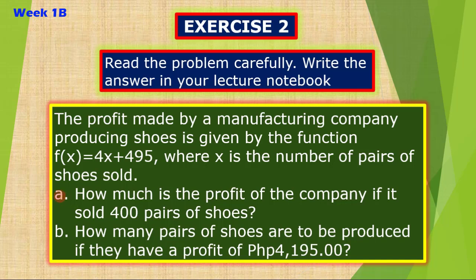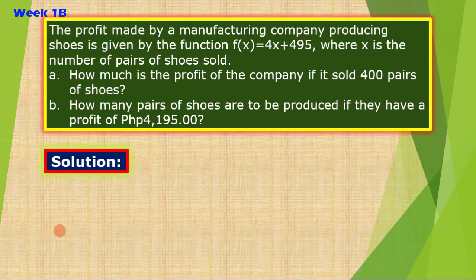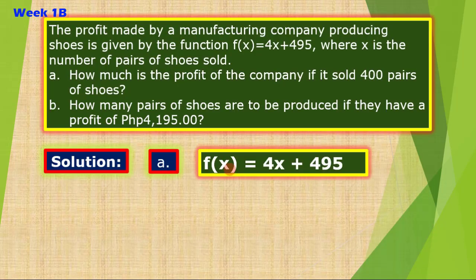Letter A. How much is the profit of the company if it sold 400 pairs of shoes? And for letter B, how many pairs of shoes are to be produced if they have a profit of 4,195 pesos?